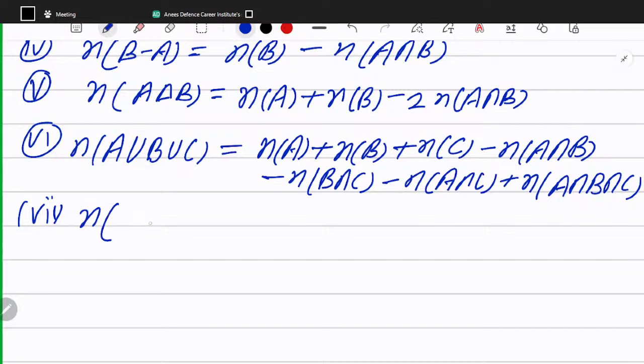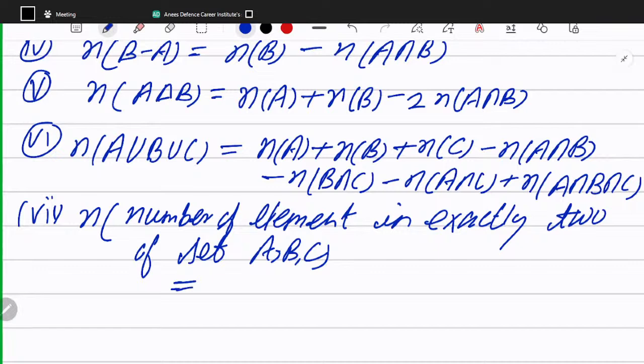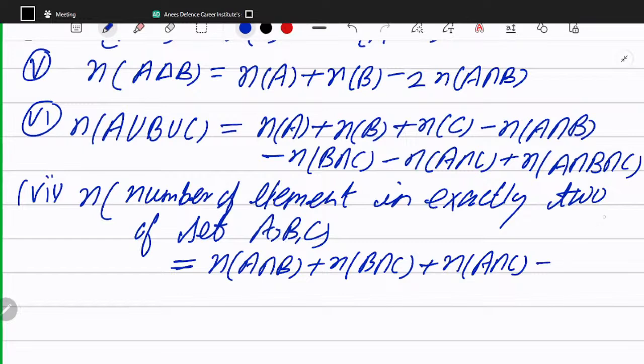And number of elements in exactly two of the sets A, B, C is equal to n(A intersection B) plus n(B intersection C) plus n(A intersection C) minus 3 times n(A intersection B intersection C).